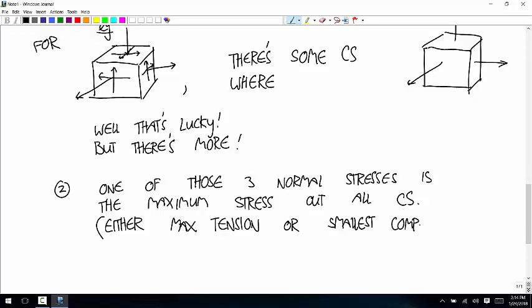You know what I mean? So if all of these normal stresses are in compression, then the smallest one of those is going to be your maximum. Or they could all be in tension, and then your maximum is going to be the biggest value of tensile stress.